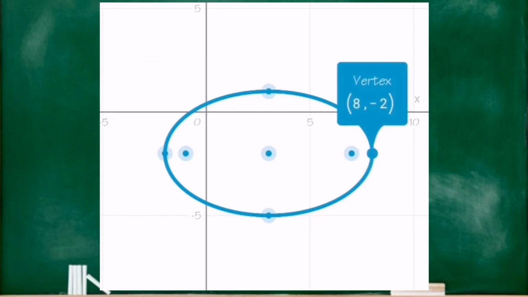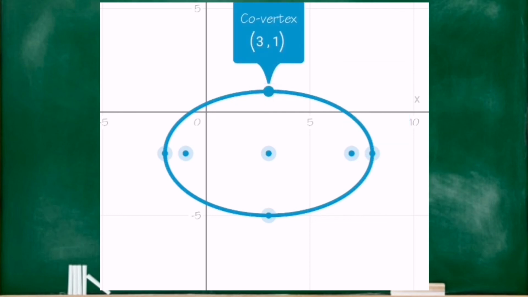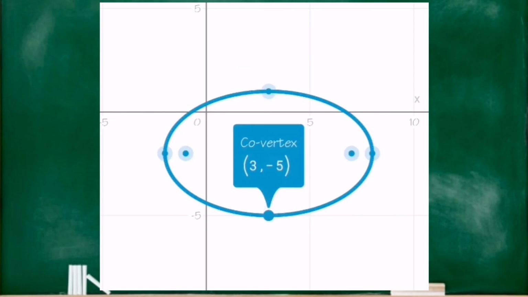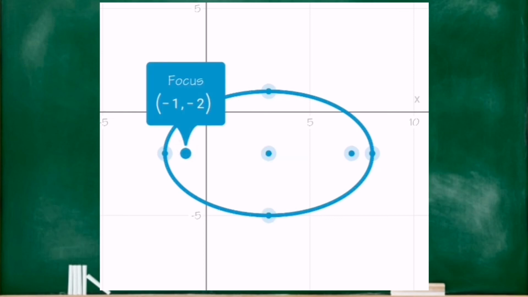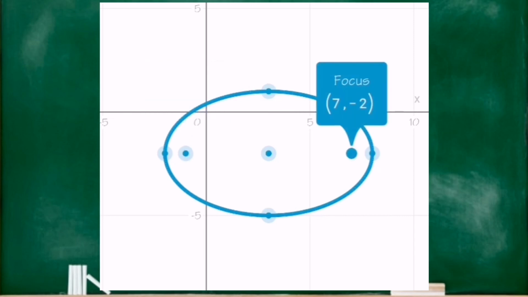Our vertex 2 is 8, negative 2. That's our vertices. While our co-vertex 1 is 3, 1, and our co-vertex 2 is 3, negative 5. While our focus 1 is negative 1, negative 2, and our focus 2 is 7, negative 2. Parallel siya to the x-axis kaya horizontal ellipse siya.